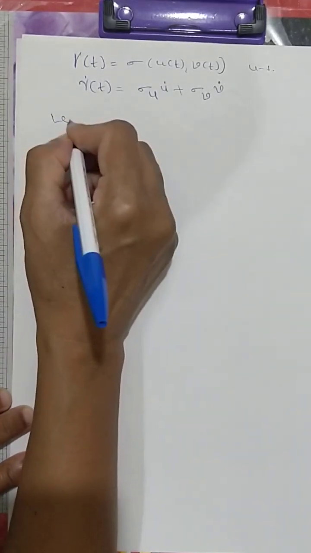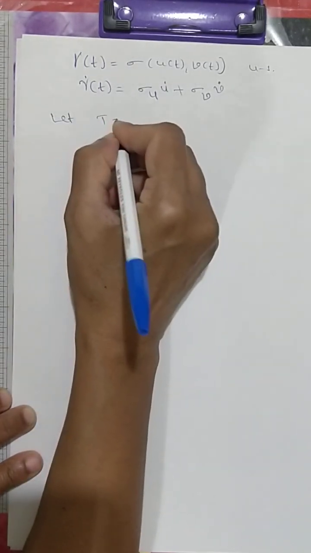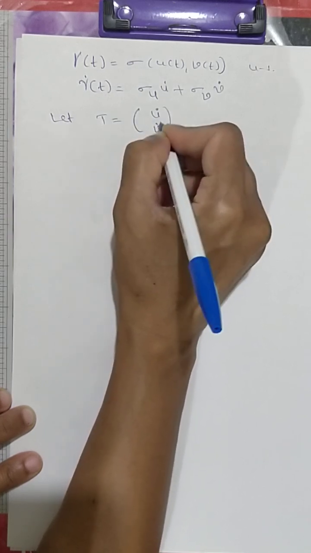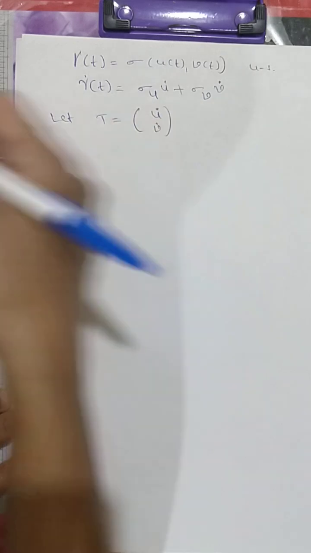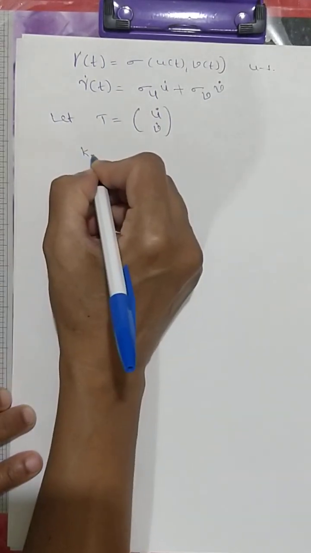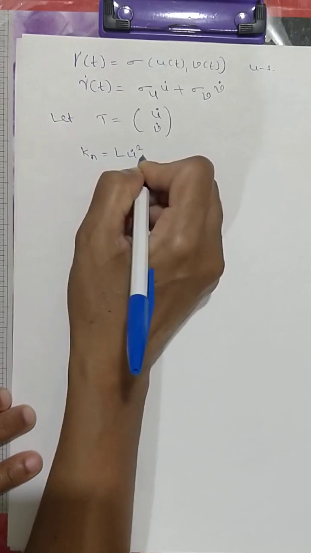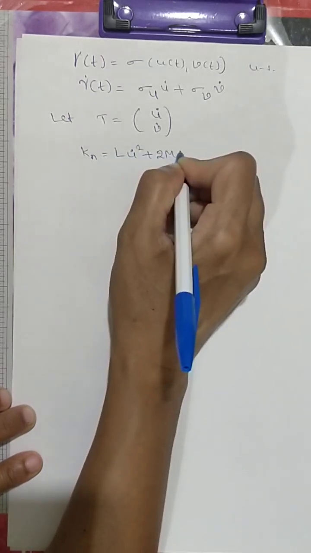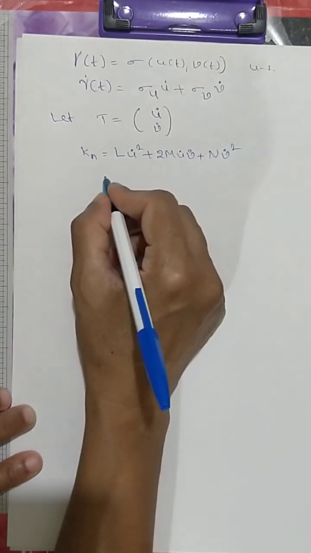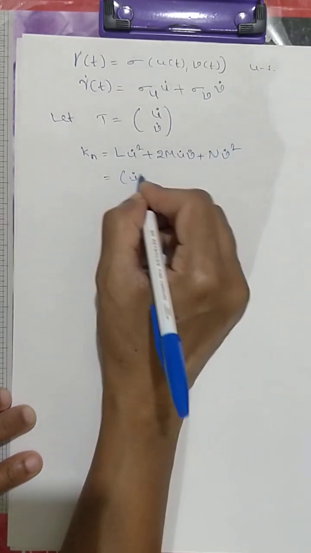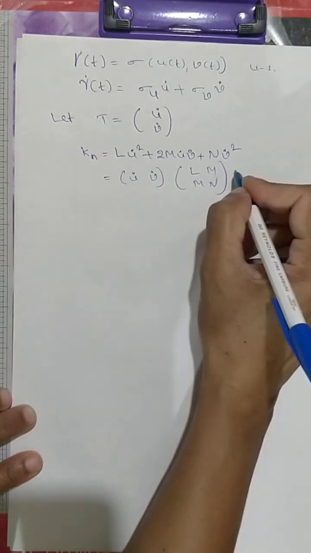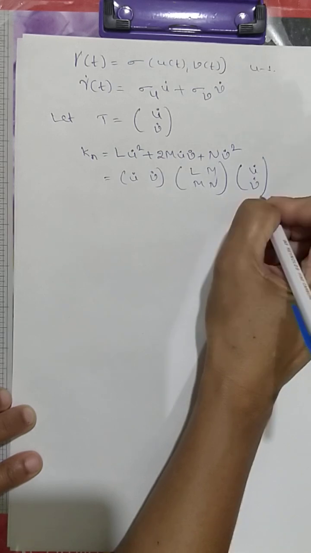Now if I consider the vector T equal to the matrix (u dot, v dot), then by the previous proposition, what do we have as an expression for the normal curvature? Kn is equal to L u dot square plus 2M u dot v dot plus N v dot square, whose matrix representation is (u dot v dot) L, M, M, N (u dot v dot) transpose.